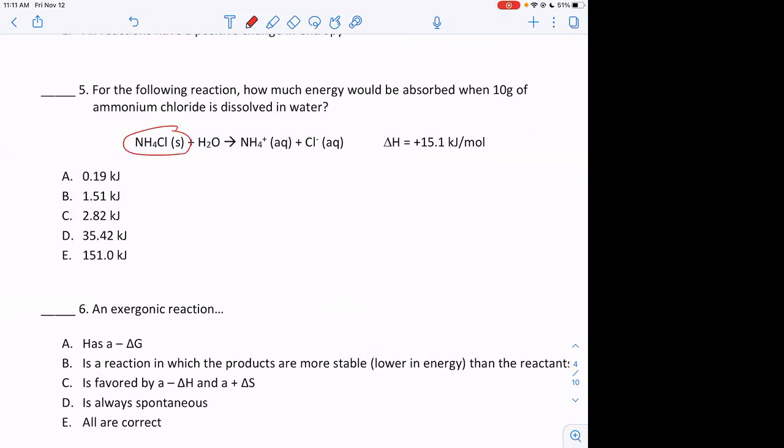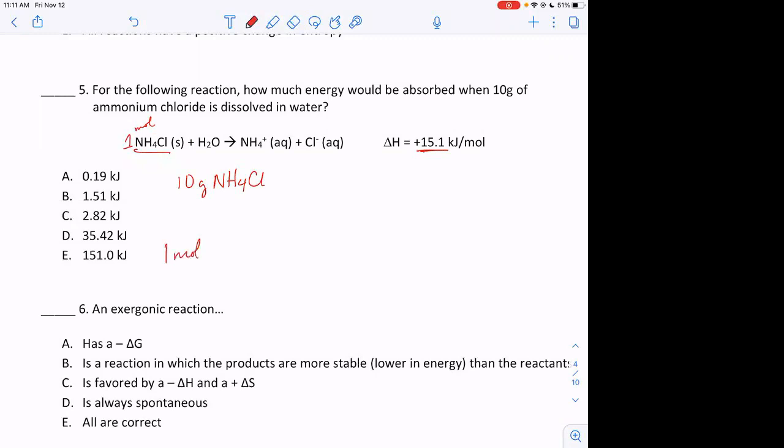So I give you the delta H, and we're starting with 10 grams of the NH4Cl. Well, if I look at the reaction here, for every 1 mole of ammonium chloride, I have to absorb 15.1 kilojoules of energy.